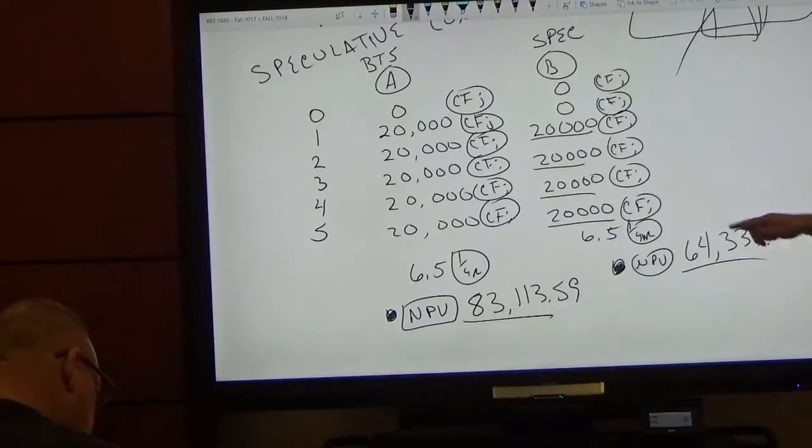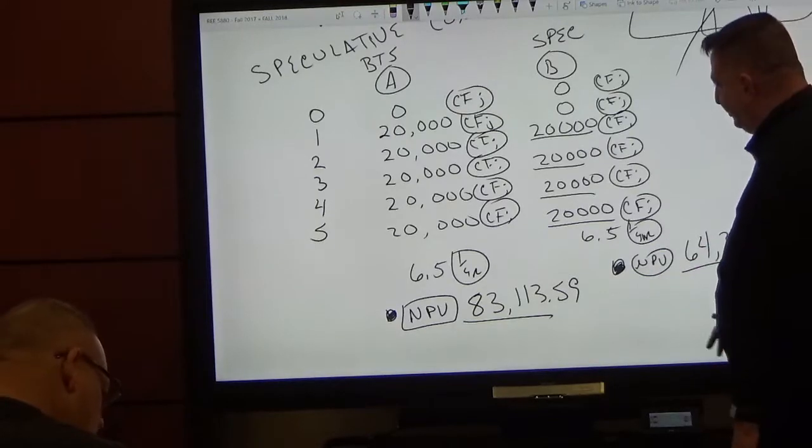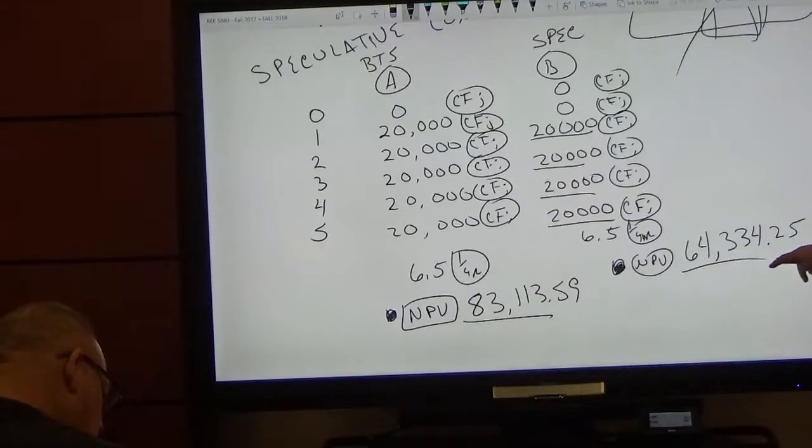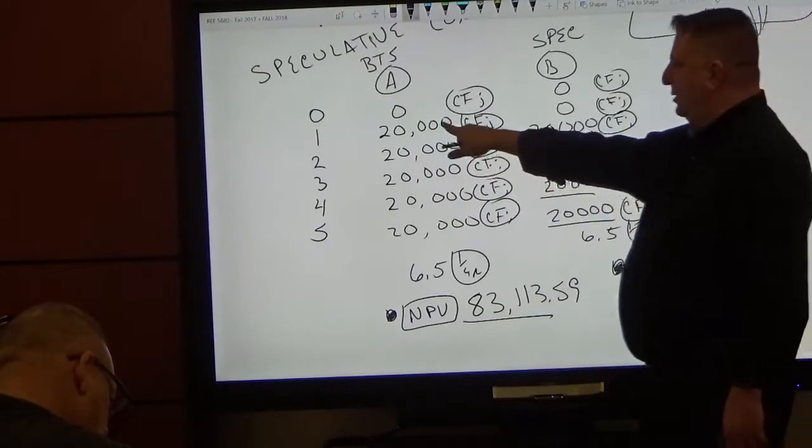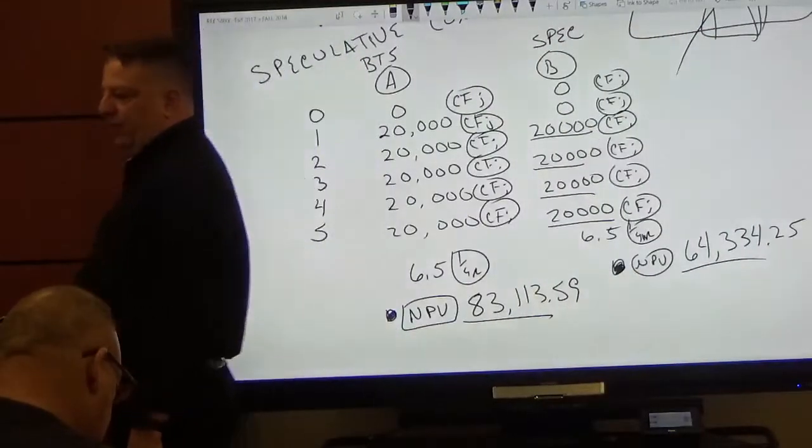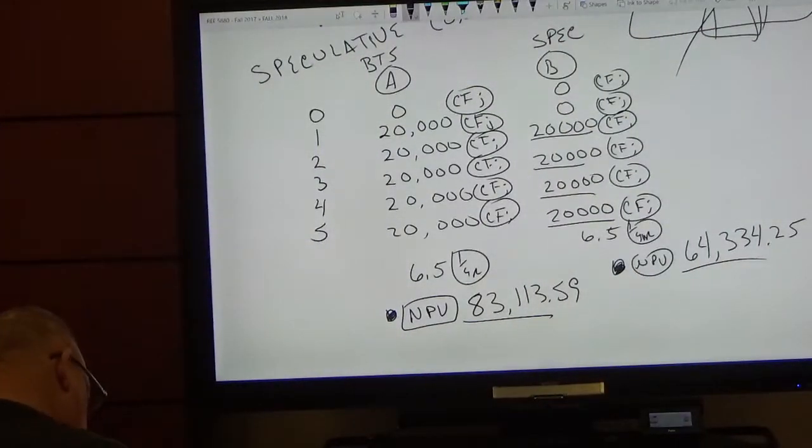Does that make sense? So it's a question of what we want to achieve, okay? So let's just say, in this particular instance, we're happy with the $64,000 net present value, and we want to know how much of a discount we might be able to offer the build-to-suit tenant.